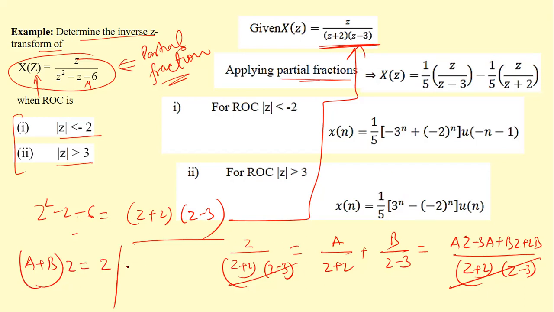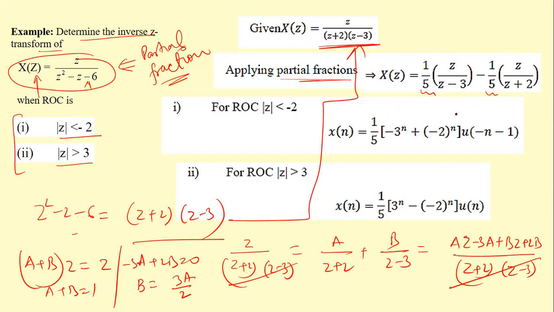Then we have minus 3a plus 2b is equal to 0, and a plus b is equal to 1, and b is equal to 3a by 2. On solving this, we'll get a is equal to plus 1 by 5 and b is equal to minus 1 by 5, right?